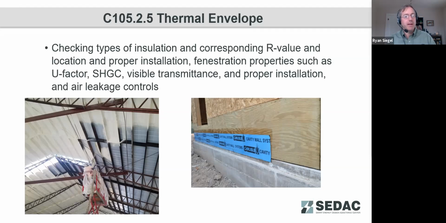If it's open cell, it does need to be thicker. Depending on the product and the manufacturer, it may require anywhere from 4.5 to 6.5 inches of open cell spray foam insulation to be that proper barrier for you. But it can be very effective. And also air sealing through tapes and other membrane products too.